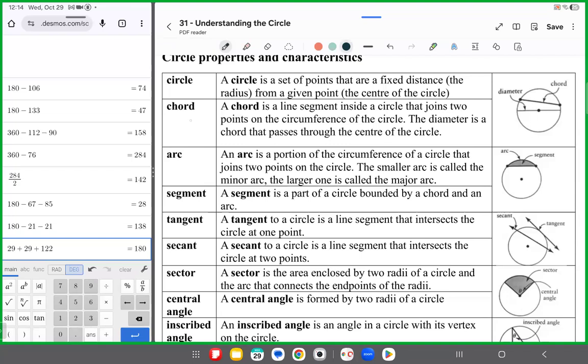A chord, pronounced chord without the H, is a line segment inside of a circle that joins 2 points on the circumference of the circle. Okay, so you can see here in our diagram, this line corresponds to our chord.